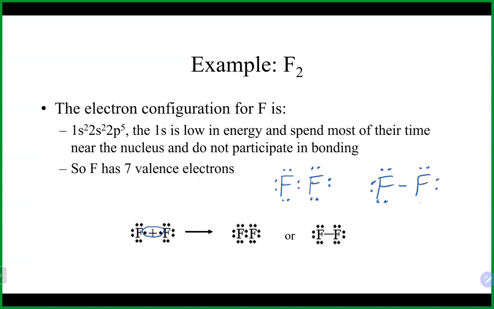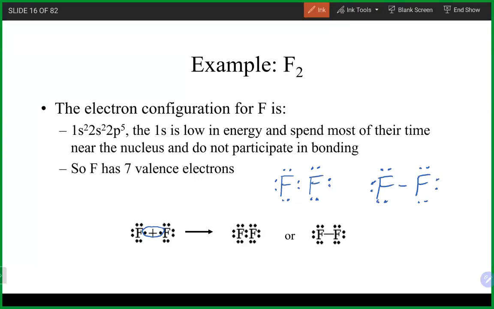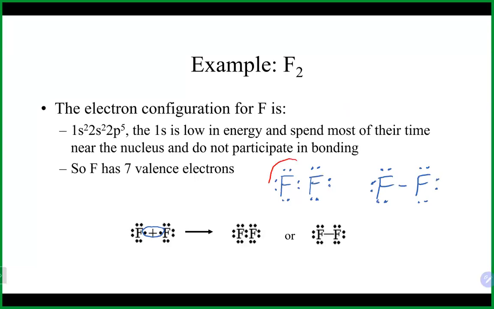And in this case, by sharing electrons between the two fluorines, the fluorine on the left ends up with 8 electrons, and the fluorine on the right, by sharing those in the middle, ends up with 8 electrons, which once again allows them to get to the noble gas configuration and make a stable bond.